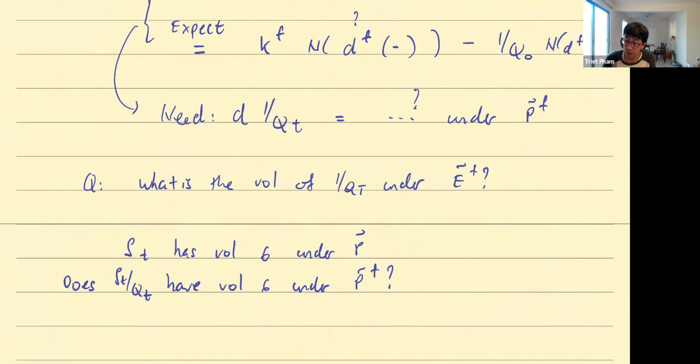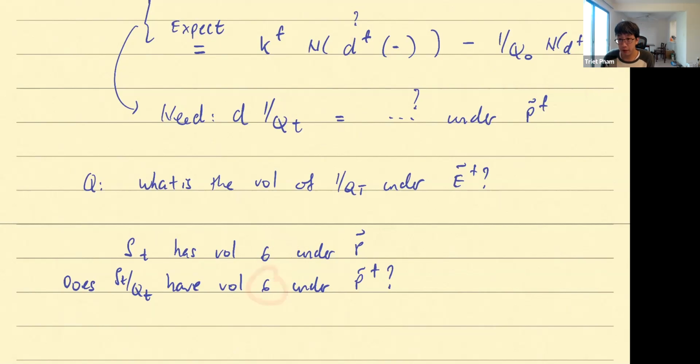You follow? I have an asset. It has some kind of volatility under the domestic currency. I convert it to the foreign currency, and I want to do some option pricing with it, let's say. And I guess you're knowledgeable with Black-Scholes now. You know that only volatility matters. Is it the volatility from before?